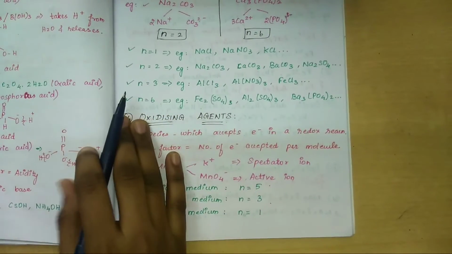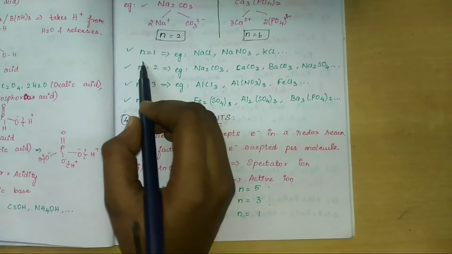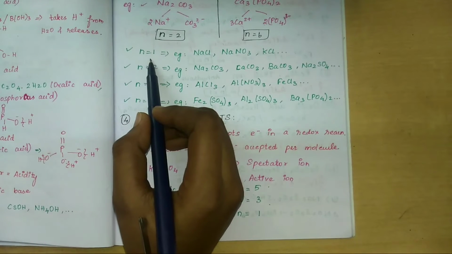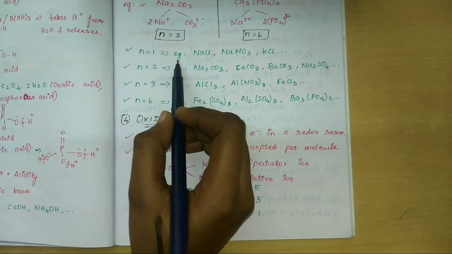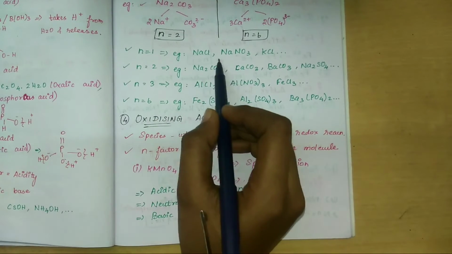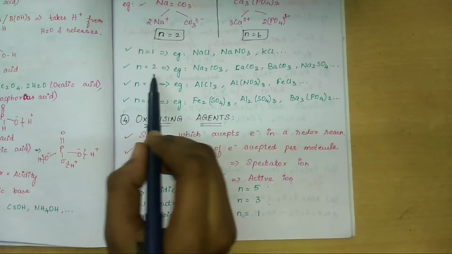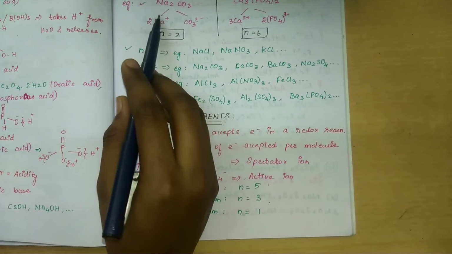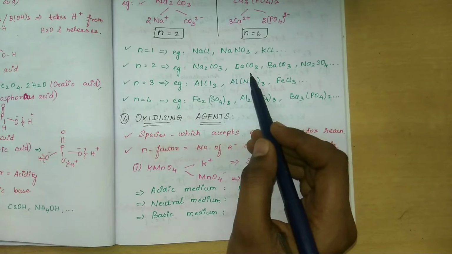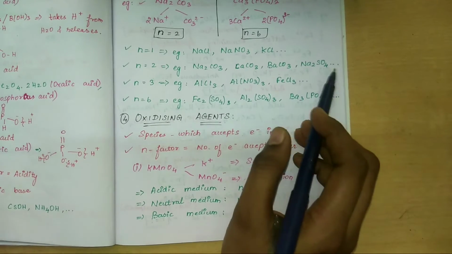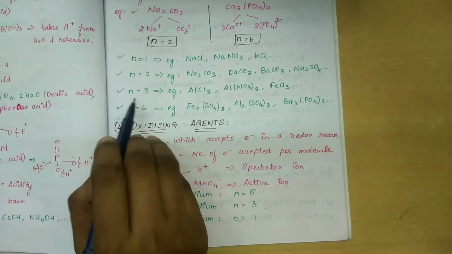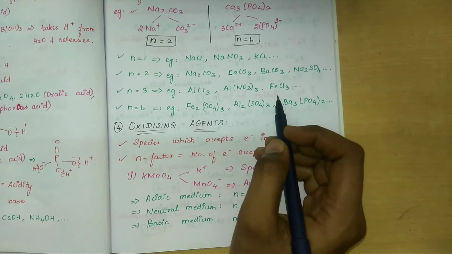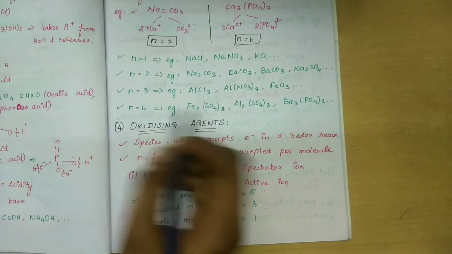Likewise, the N factor is 1 for molecules like NaCl, NaNO3, KCl. For n equal to 2, examples are Na2CO3, which we have seen here, and calcium carbonate, barium carbonate, sodium sulfate, etc. The N factor is 3 for aluminum chloride, aluminum nitrate, ferrous chloride, ferric chloride.